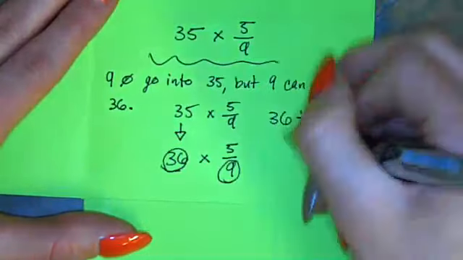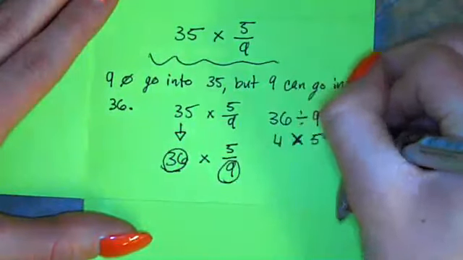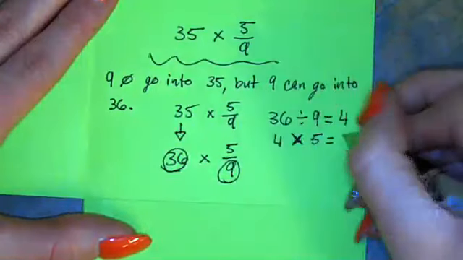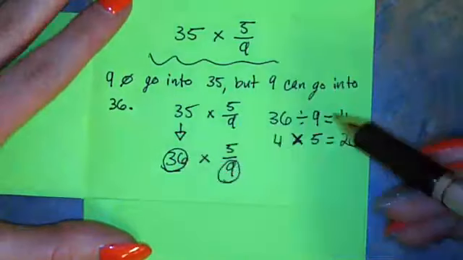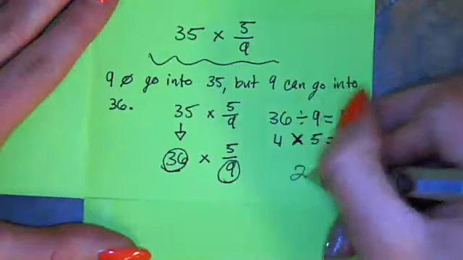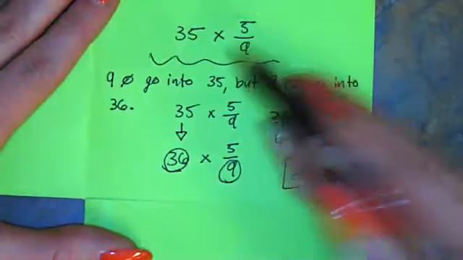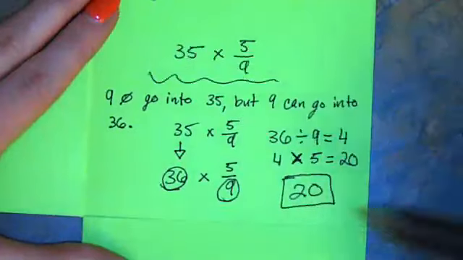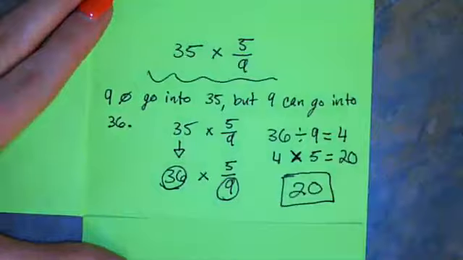Then we take that 4 and multiply it by 5, our numerator, and from here we get 20. So we know 9 goes into 36 4 times, and 4 times our numerator 5 is 20. So your answer is 20. About 5/9 of 35. 5/9 of 35 is about 20, is essentially what we're doing, okay? So there's that second one.